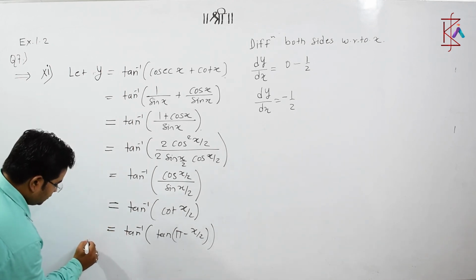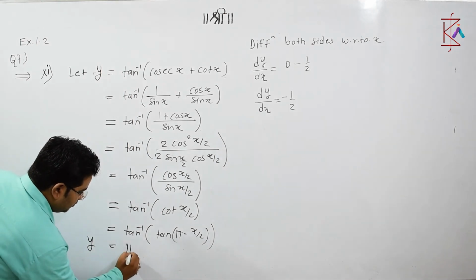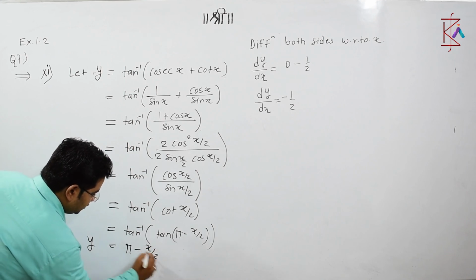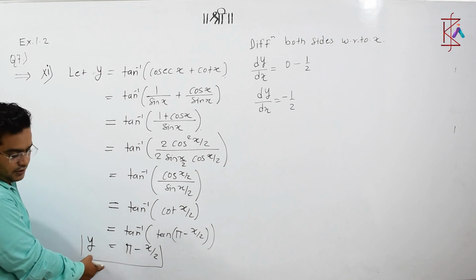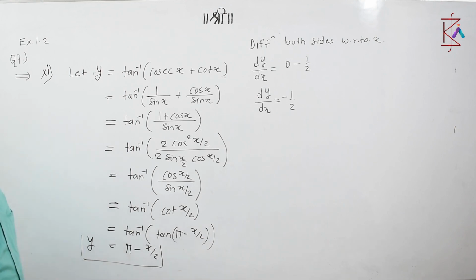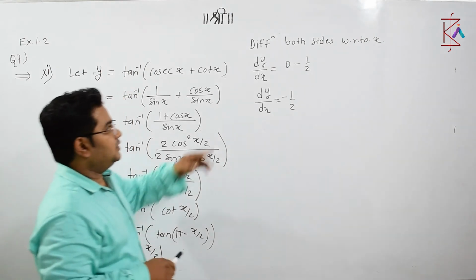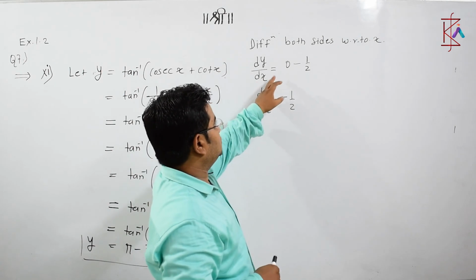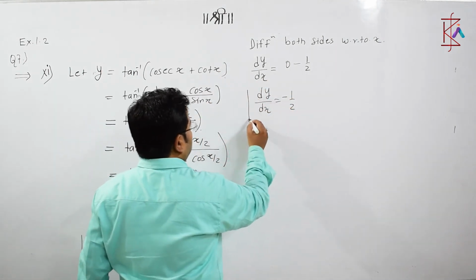So y is equal to pi minus x by 2. Now we need to differentiate this. Differentiating both sides with respect to x, you will get minus half, and the answer will be similar to this question number 11.